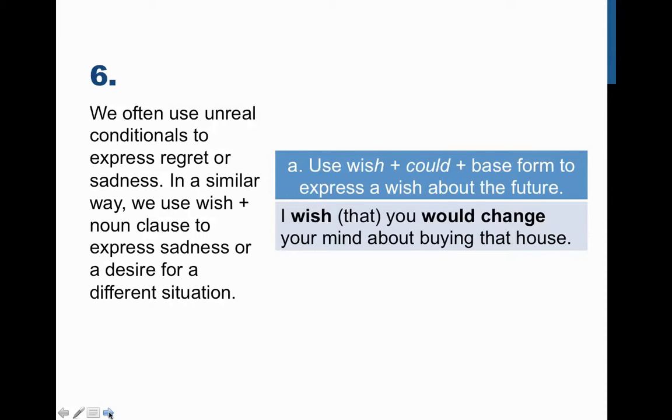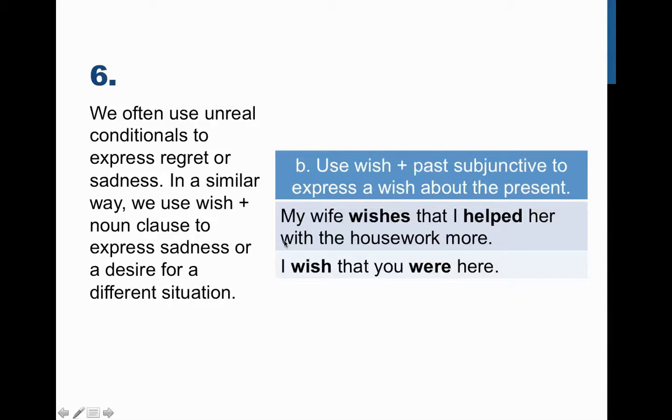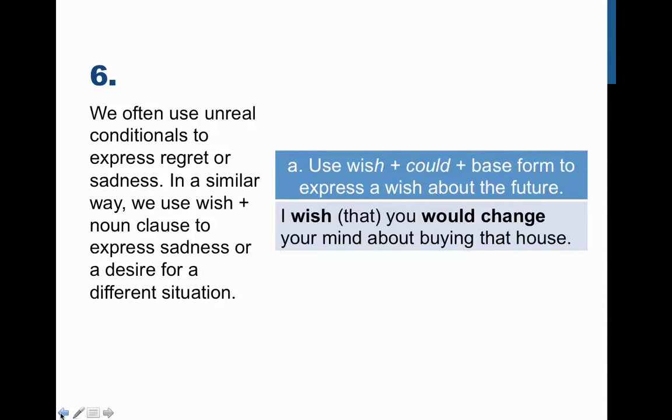We often use unreal conditionals to express regret or sadness. Here's another example. Use wish plus could plus base form to express a wish about the future. Actually, we're using would here. I'm going to stop here and fix this.